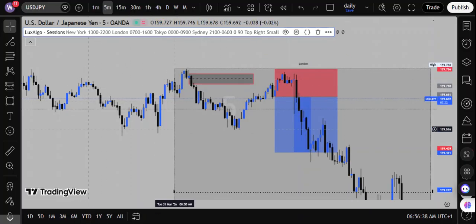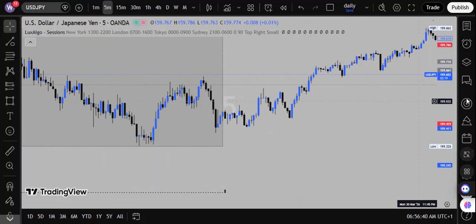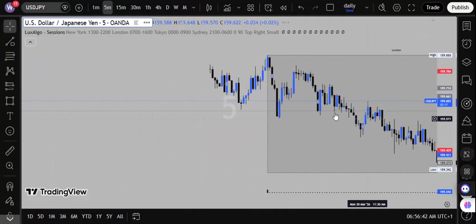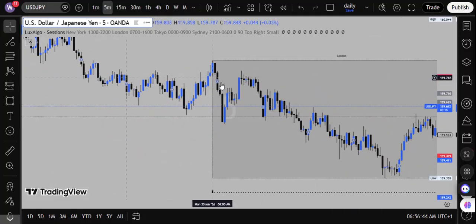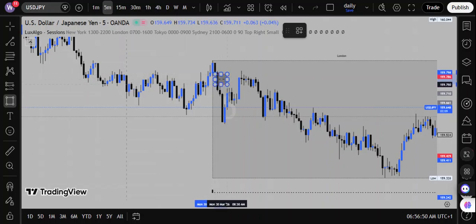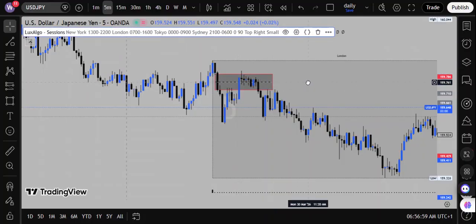Now let's continue with this. Let's do one more example before we end this video. And look at this bearish fair value gap right here, confirmed. You can always combine this strategy with other concepts like SMC, price action, right? So bearish engulfing.